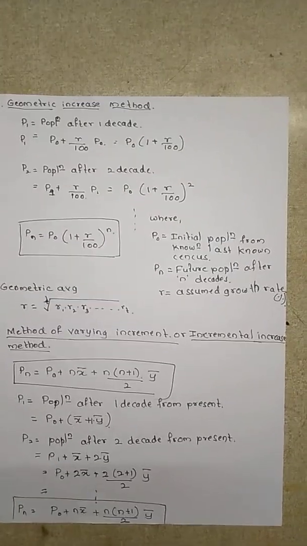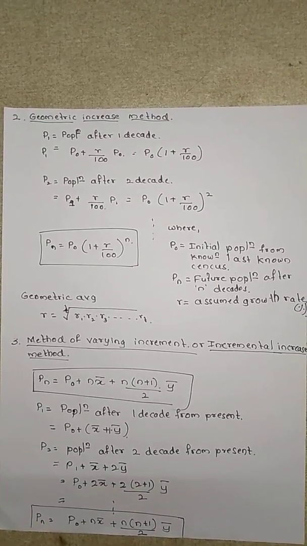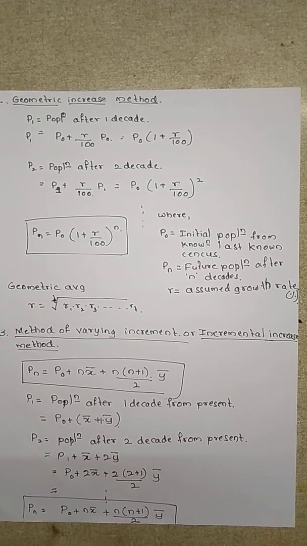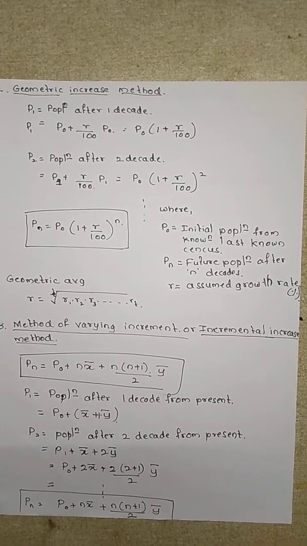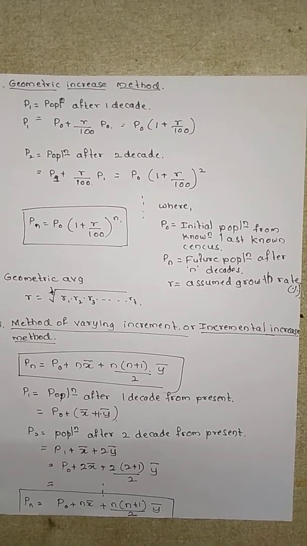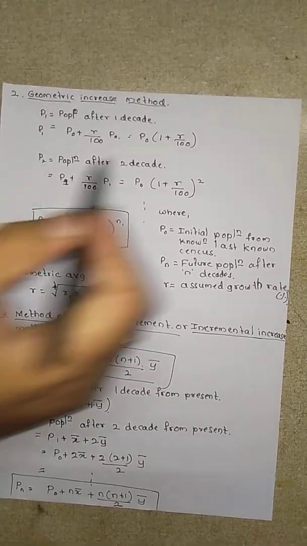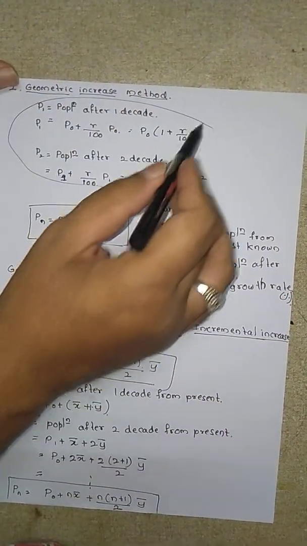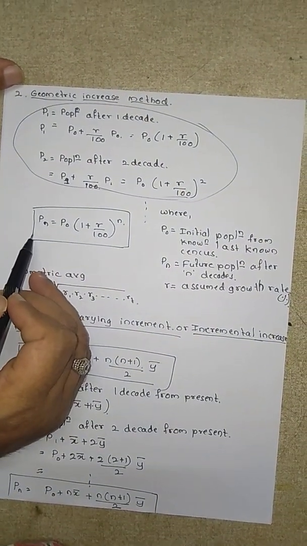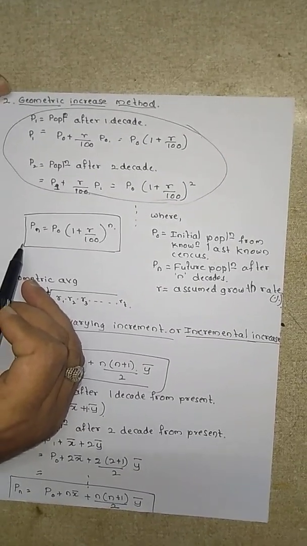The basic difference between the arithmetic and the geometric progression method is future population. In the arithmetic method, no compounding is done, whereas in the geometric method, the compounding is done. We will be using the formula here. You need not give too much concentration to the derivation, as they will not ask it in your main exam. They will just ask you to explain the geometric increase method.